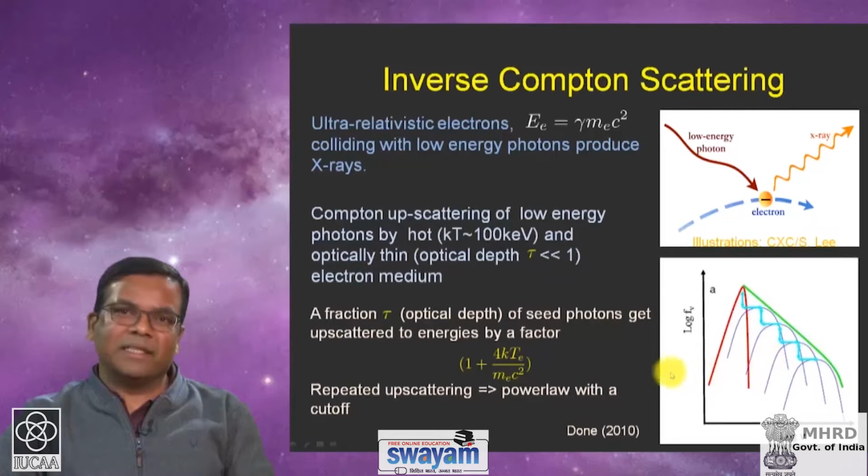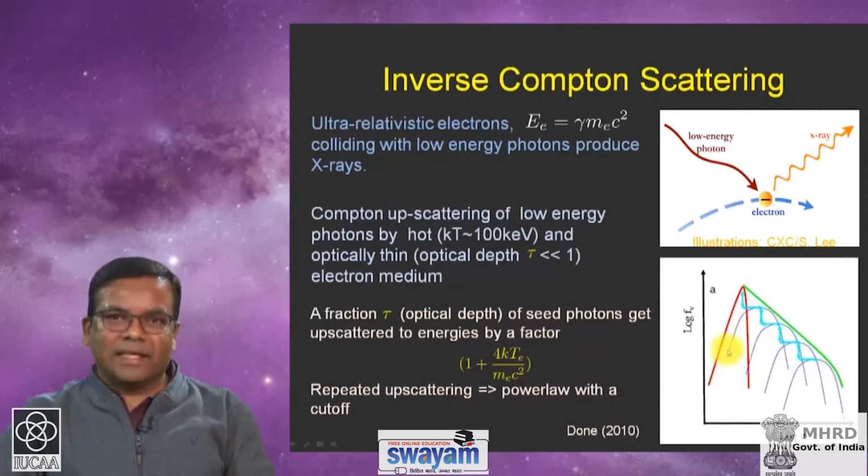What happens? Let us imagine the low energy photon has a simple black body spectrum. If this simple black body spectrum is interacting with a hot plasma with about 100 keV temperature, then a fraction tau, where tau is the optical depth, is upscattered to higher energies in one scattering process.